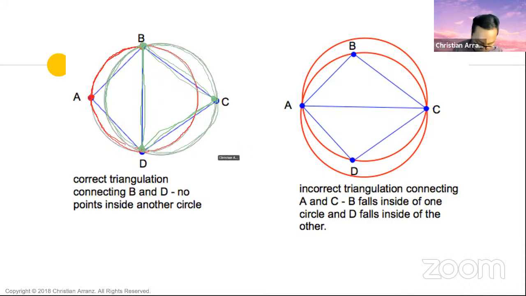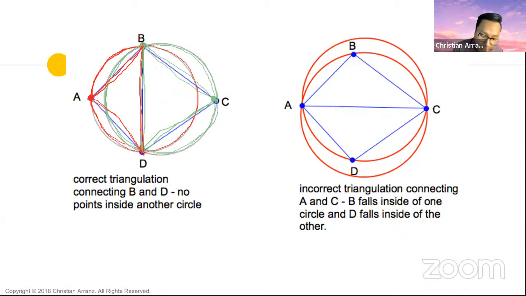Then for the red, let me go back to the red, the red triangle is ABD. So if you try triangle ABD and triangle BCD, and then create circles, Delaunay says the best way to create triangles is if the circles that enclose those 3 points would not include any other point or any other vertex.